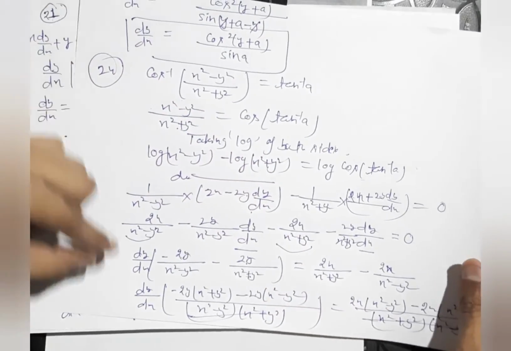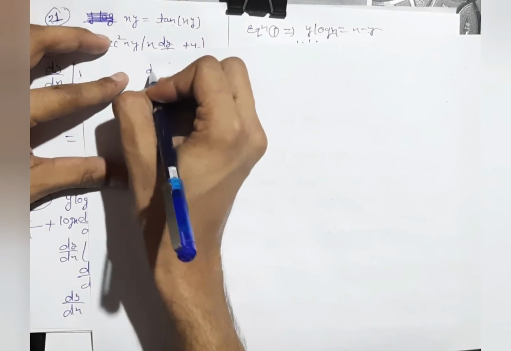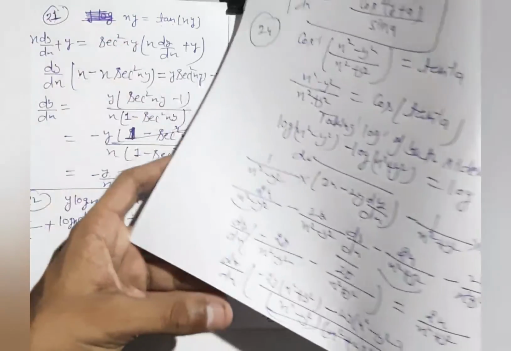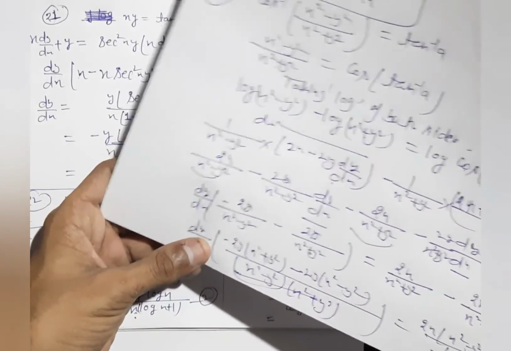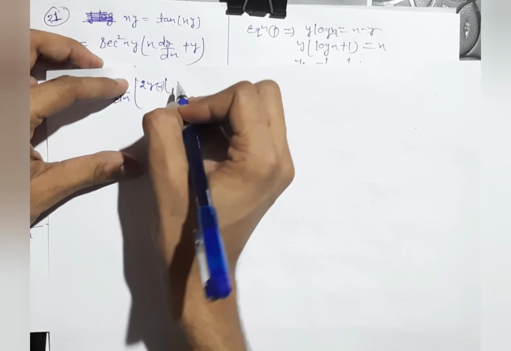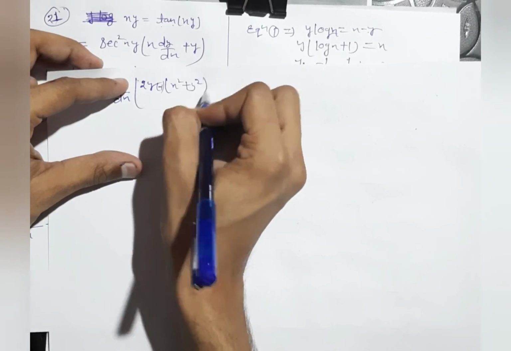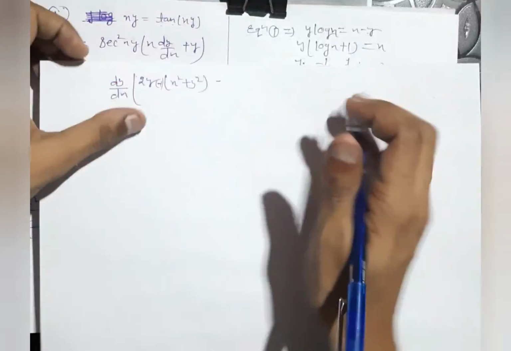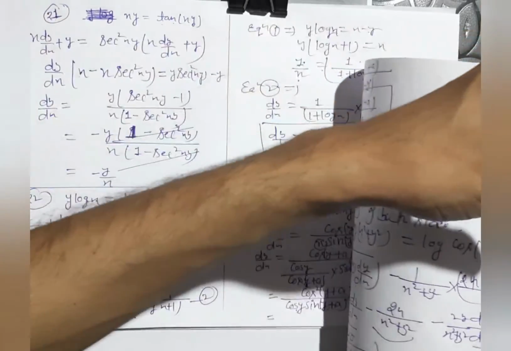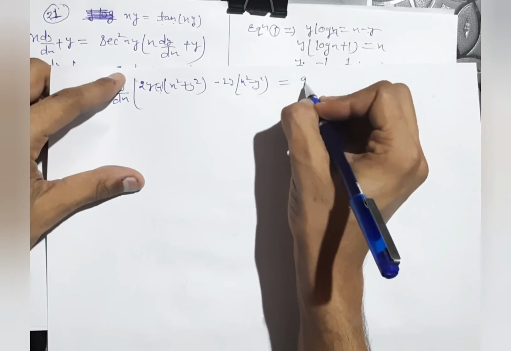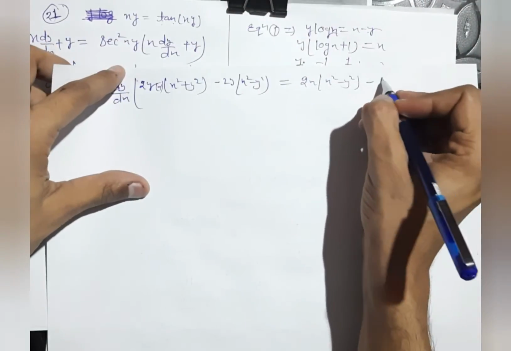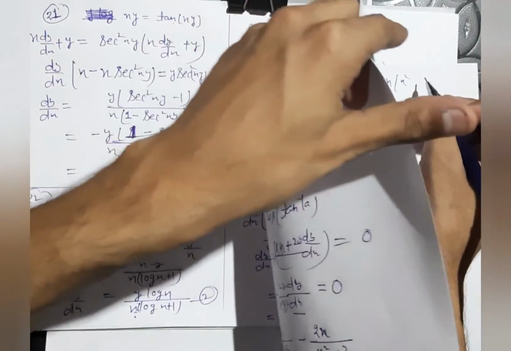So the remaining terms are dy over dx times minus 2y times (x square plus y square) minus 2y times (x square minus y square) equals 2x times (x square minus y square) and minus 2x times (x square plus y square).